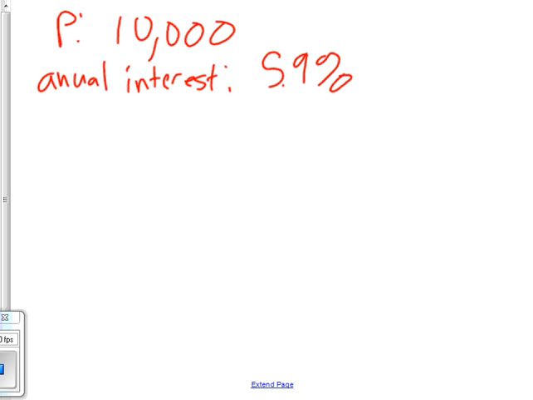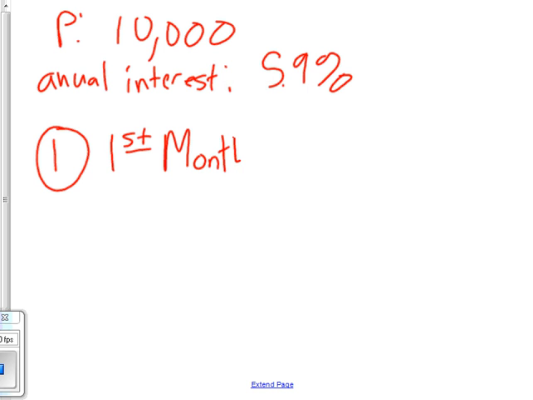So the annual interest rate is 5.9%, and we're going to ask those questions again. One, what is the first month's interest rate? Let's call it the first month's interest rate, because that was the actual first question there.